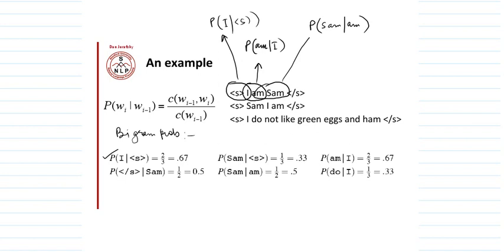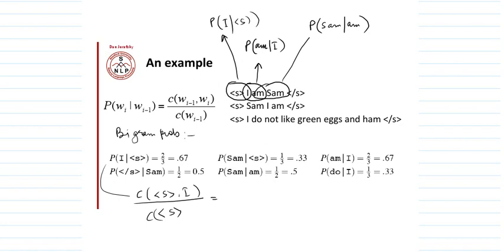So let's see how we can calculate these probabilities. The probability of start and I occurring together is the count of start comma I divided by the count of start. What is the count of start and I?